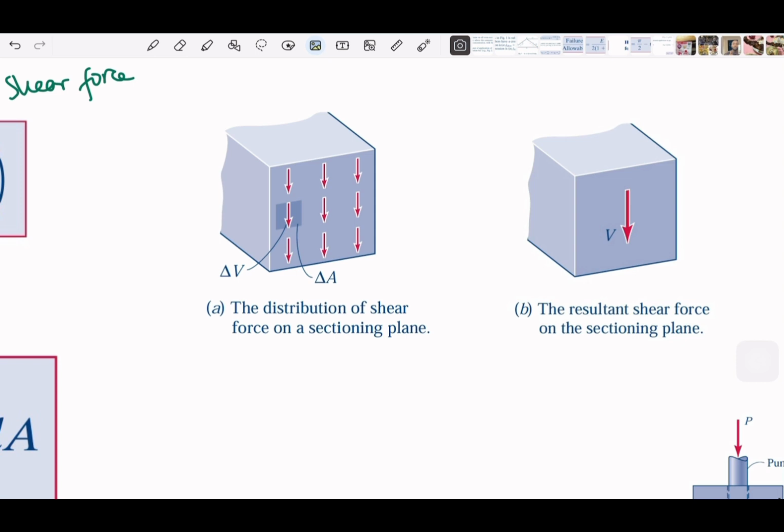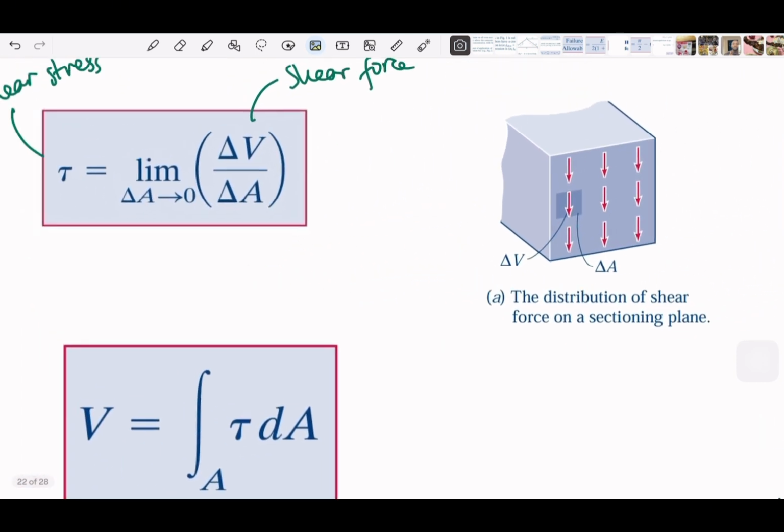So we could divide the shear stress, now it's V divided by A. We can take that as a limit, as we take the area as small as possible, and that is the definition of the shear stress.